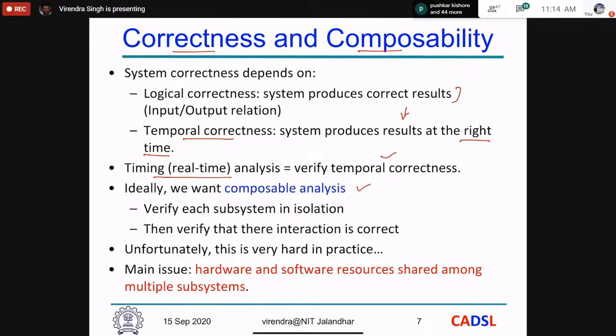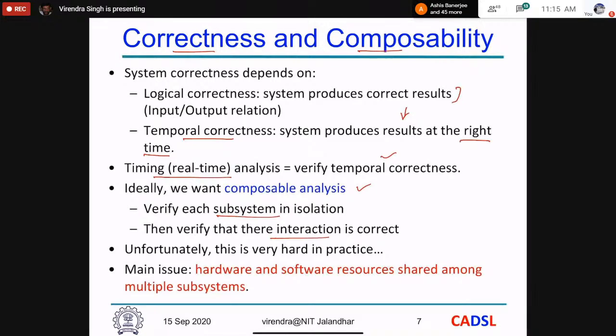So you verify each subsystem in isolation, and then at the top end, or in a hierarchical design, you just need to verify the interaction between these systems. So if you verify the interaction, it should suffice, if the system is designed that way. But unfortunately this is really very hard.